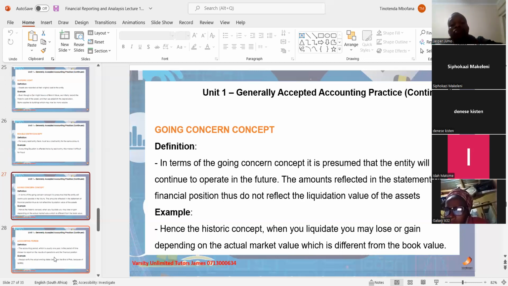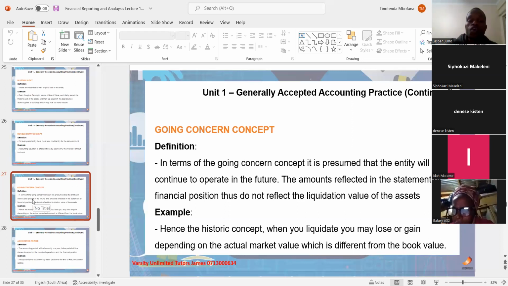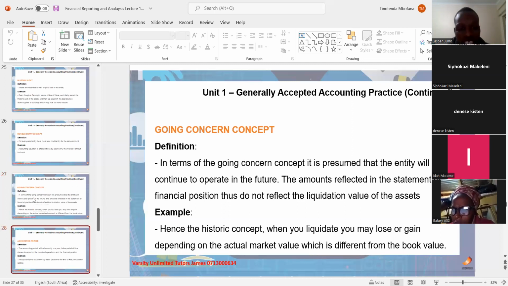But if we remove the assumption of going concern, then we have to liquidate everything. We have to ask ourselves, what is the actual true value of these things that we are recording? So going concern concept, we're just assuming that the business continues in perpetuity, that it will not close down. It will continue for the foreseeable future, right? So that's another accounting concept.